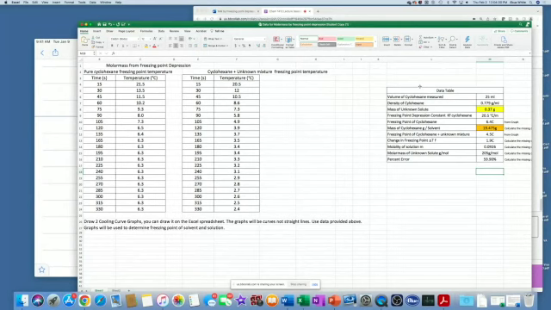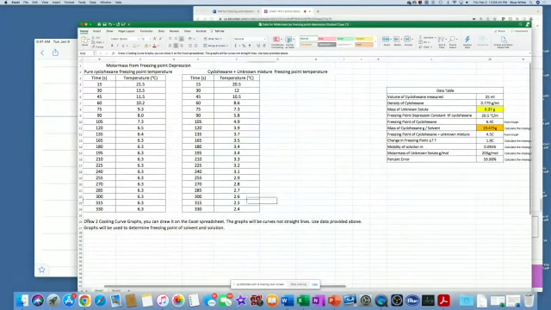I don't want to force you to do it online when this is not an online class. But if you want to submit it online and you're comfortable with that, go ahead, do everything I've done, draw the best fit line, submit it online. What you need to submit are the graphs, the two cooling curves that you drew. You want to show how you're drawing the best fit line.